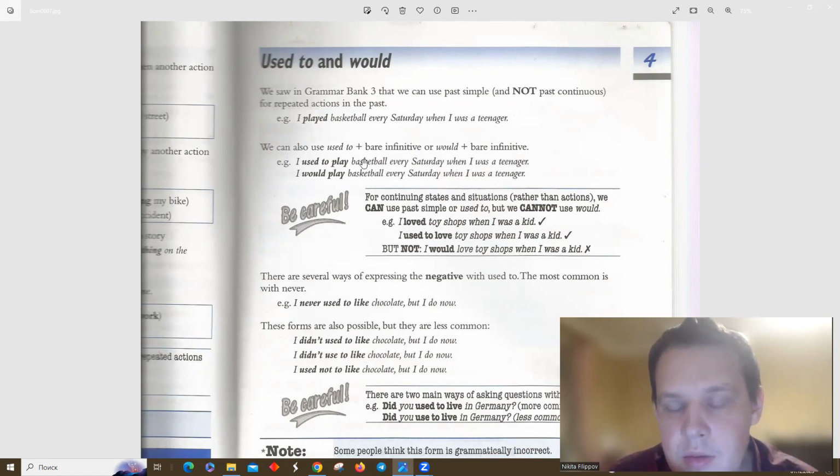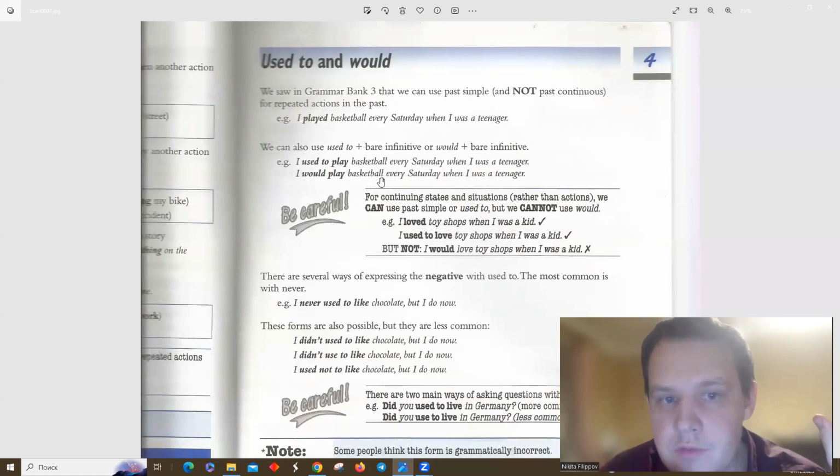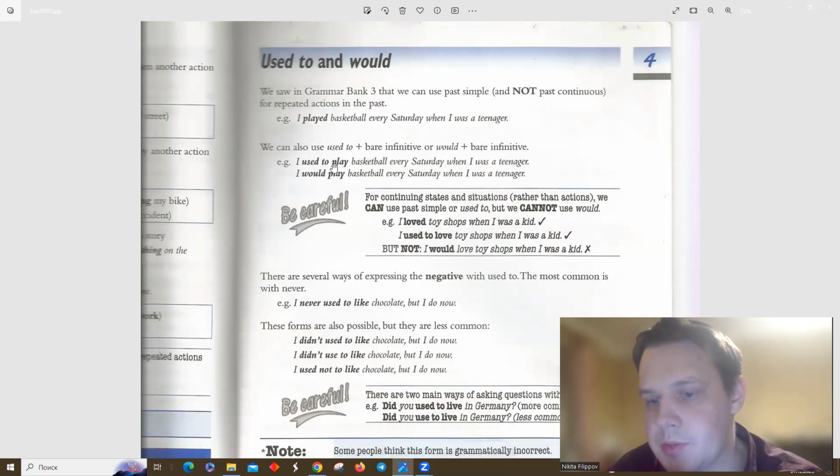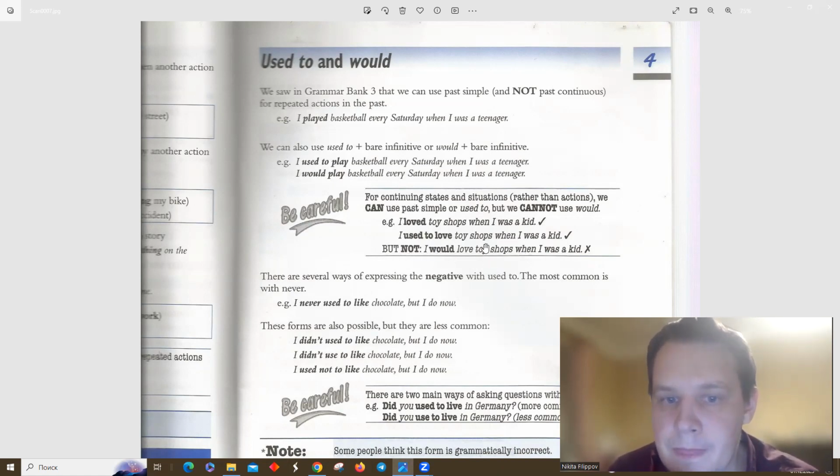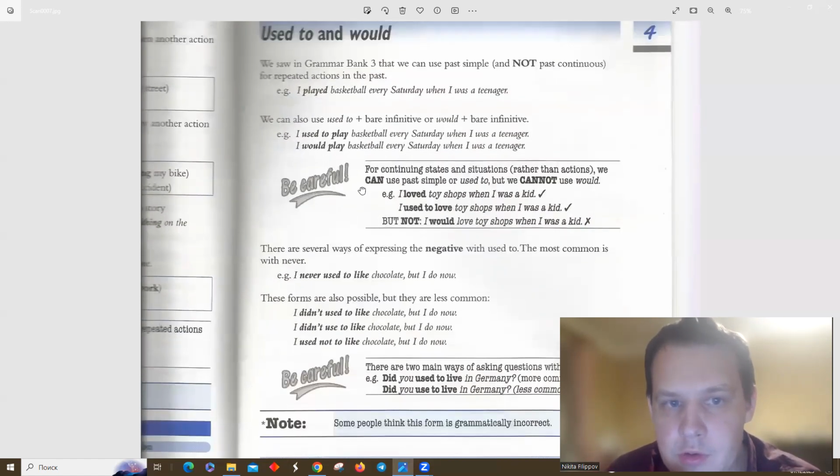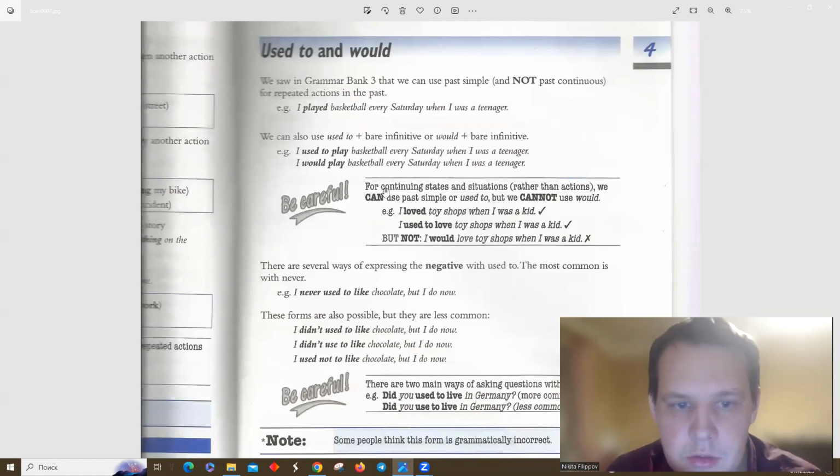So basically it's mostly about habits, about regular actions in the past. But you can only use "would" with active verbs, and you can use "used to" with all verbs. So, for example, you can't use "would" with the verb "love," a stative verb. This is not correct. But for, let's say, "play," it's totally okay.